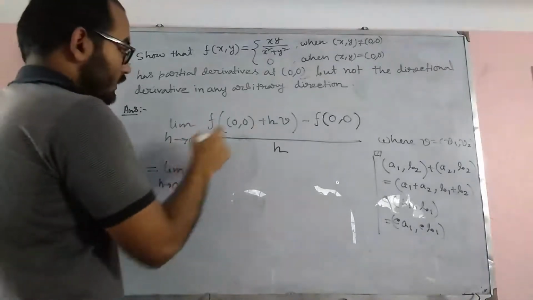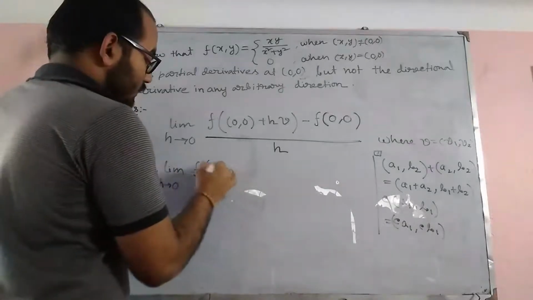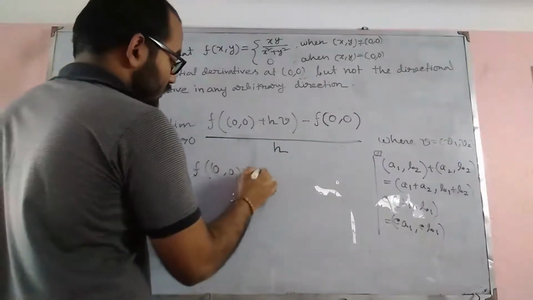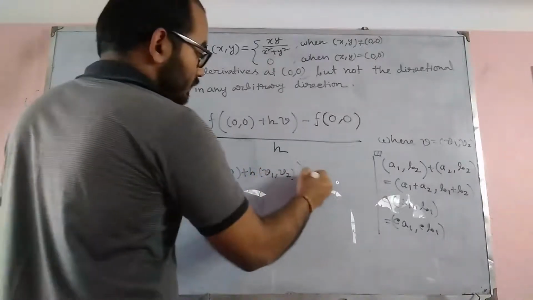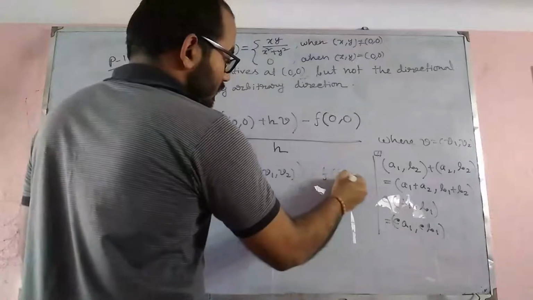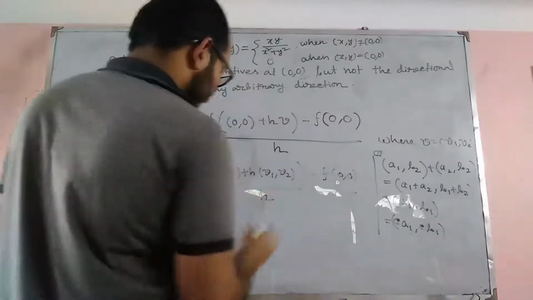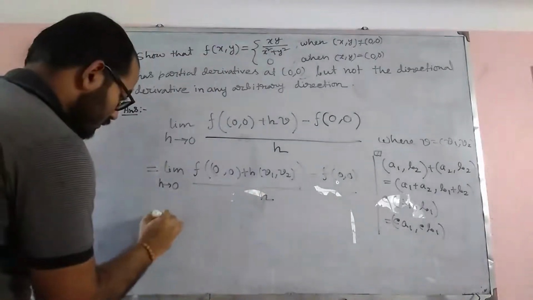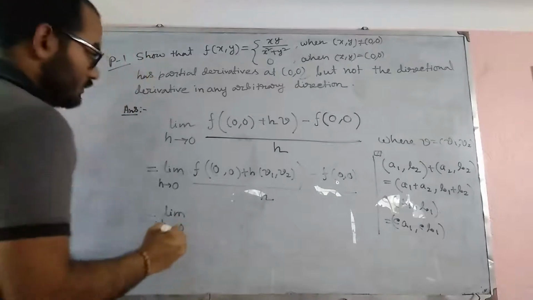See here, f of 0 comma 0 plus h of b1 b2, by h.